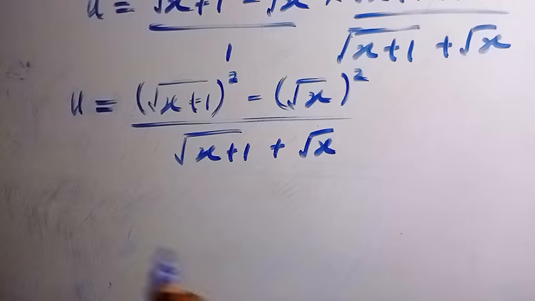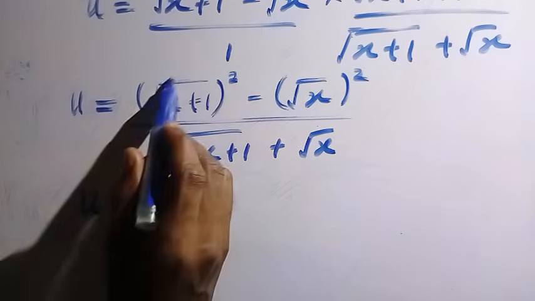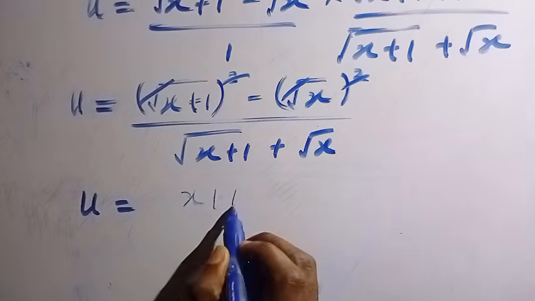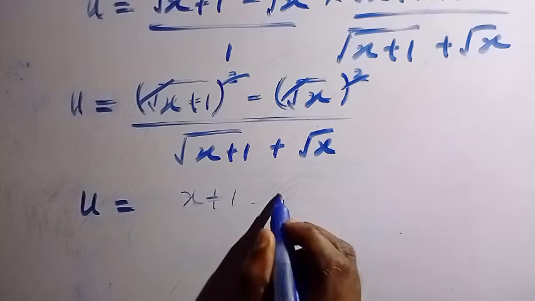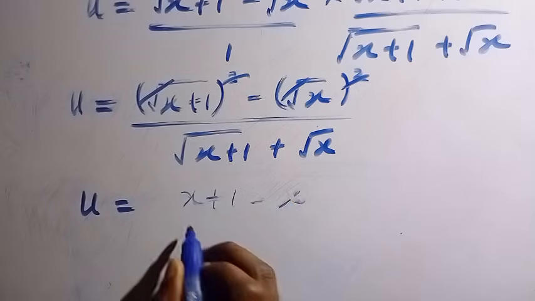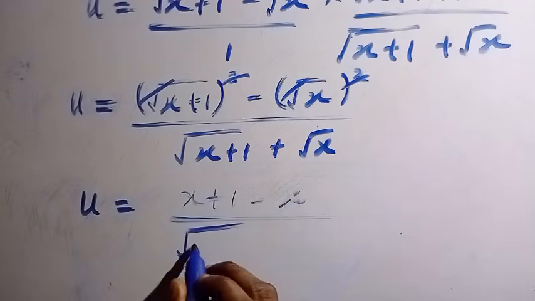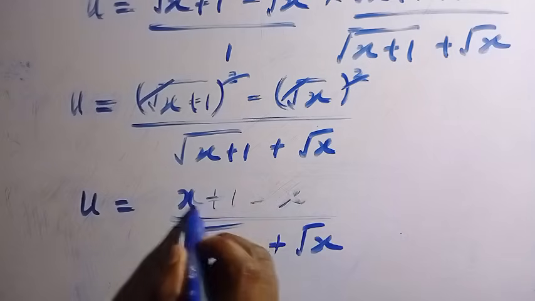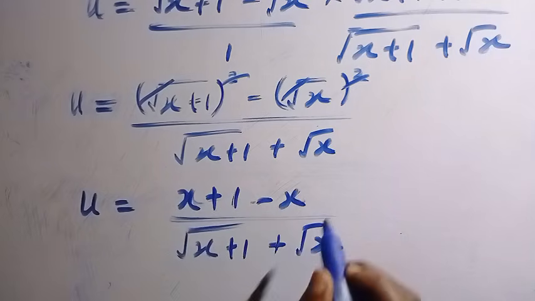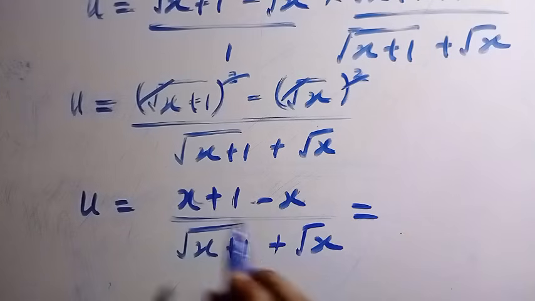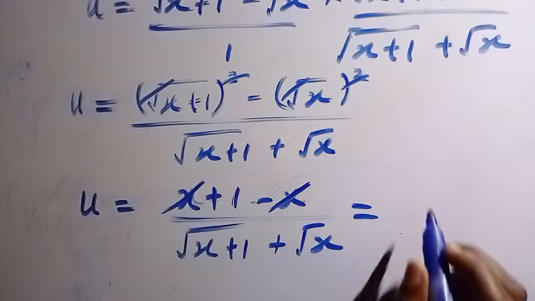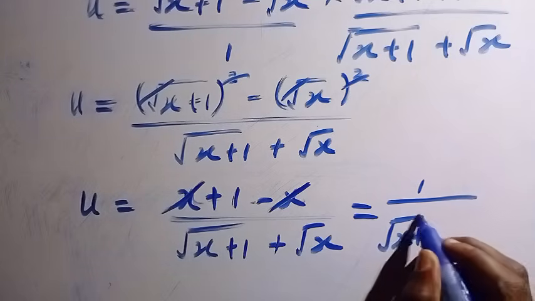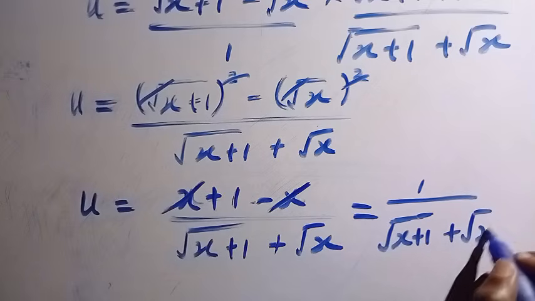Then the square cancels the square root, and we have x plus 1 minus x divided by the square root of x plus 1 plus square root of x. So this is x plus 1 and this is x. The x cancels minus x, and we have 1 divided by square root of x plus 1 plus square root of x.